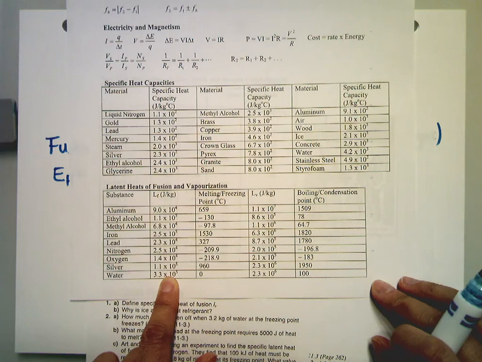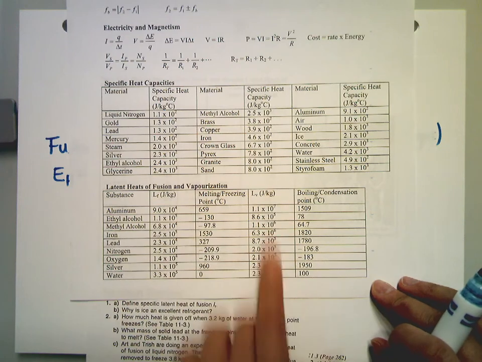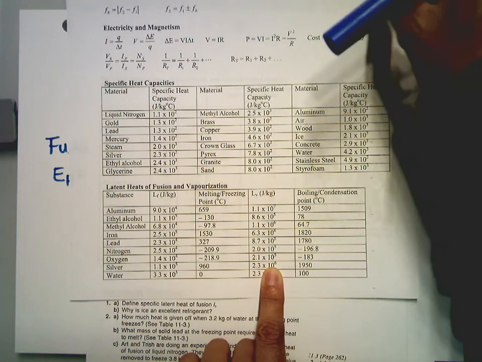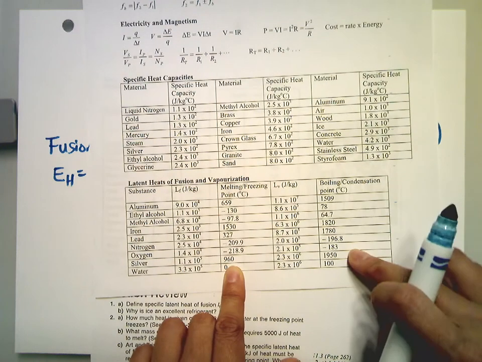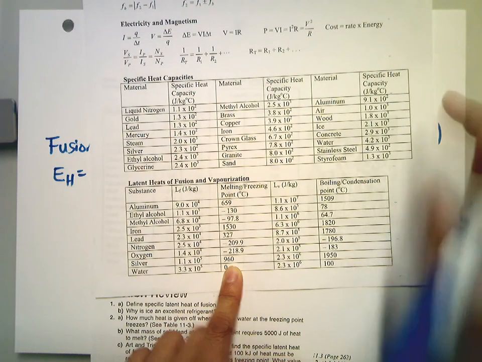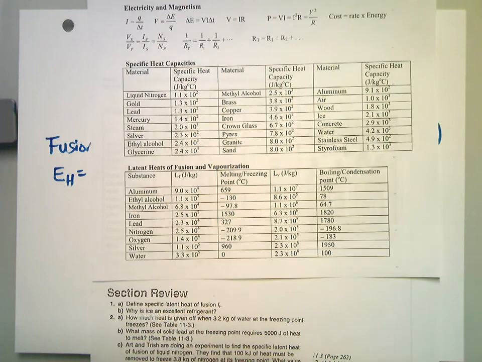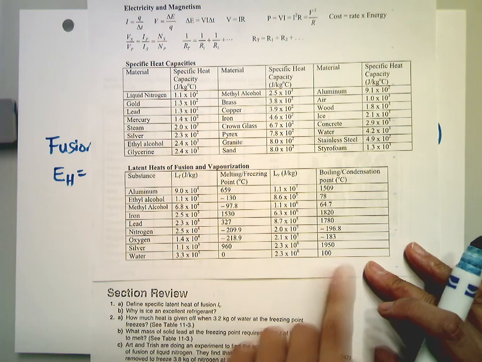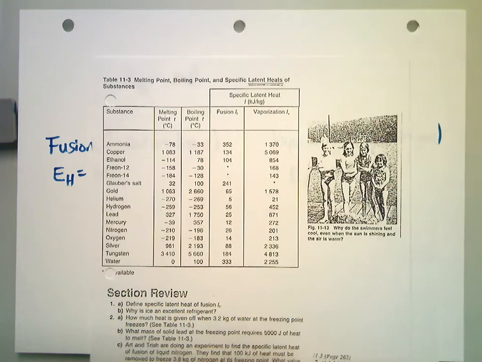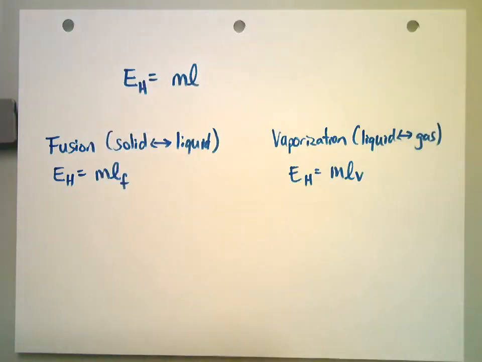Here's the fusion ones, and here are the latent heat of vaporization ones. Okay, so I also gave melting and freezing points and boiling points and condensation points if you need it. But we all know that water, and I typically use water as an example, freezes and melts at 0 degrees and boils at 100. Okay, so let's continue.